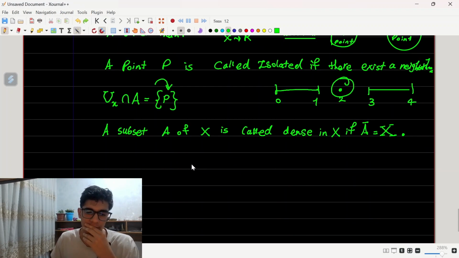And for this, I can give you the example of the rational numbers in the set of real numbers.